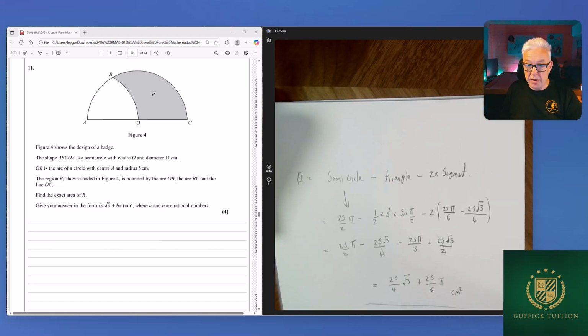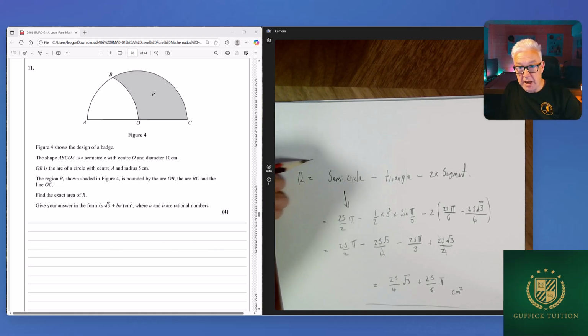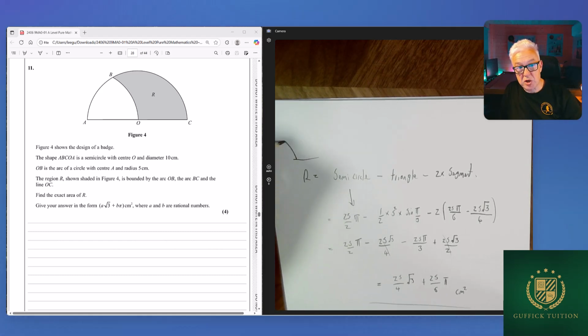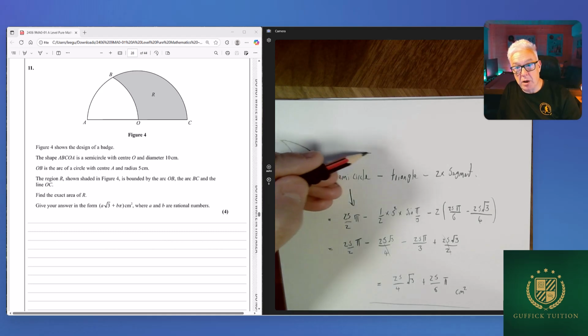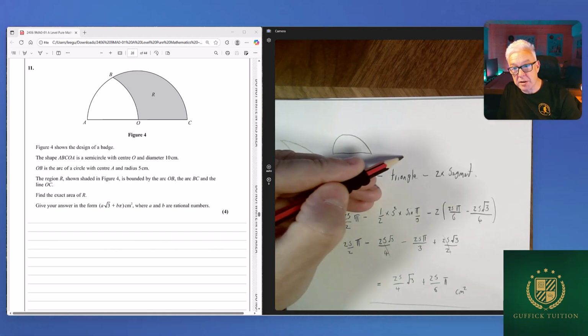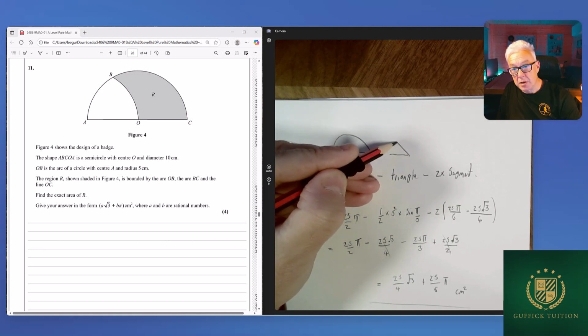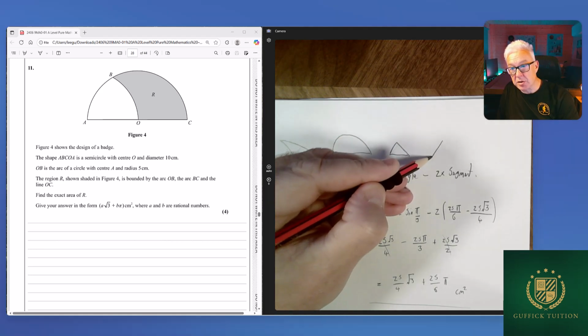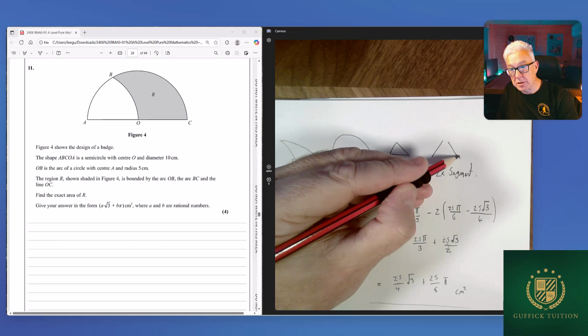So the area of the region that we're after, this intriguing shape R, is equal to the whole semicircle, and we're going to subtract the triangle, and we're going to subtract the 2 segments.